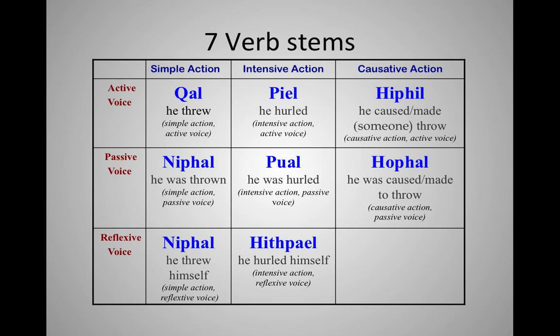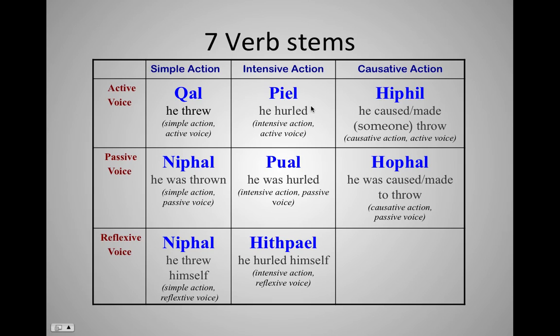This is where Hebrew students would also start if they were learning the whole system of Hebrew. They would start with a chart like this to have a point of reference, a home base, to understand what the 7 stems mean. But my caution is just so that you'll be aware that as you move beyond our introductory study, each of these stems can mean more things than we're able to talk about in this course.